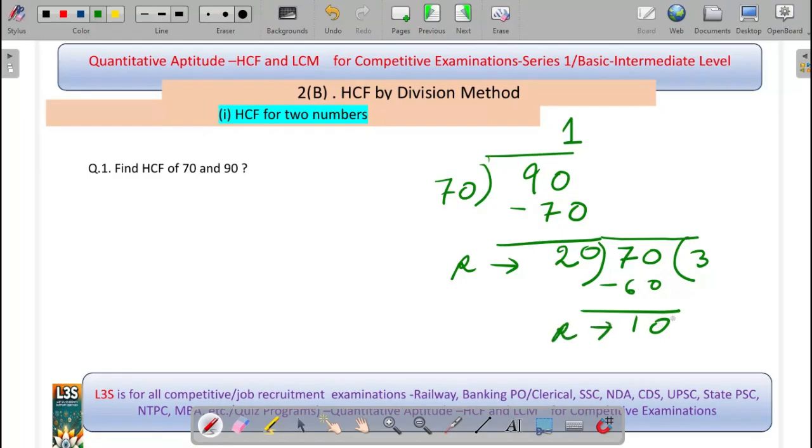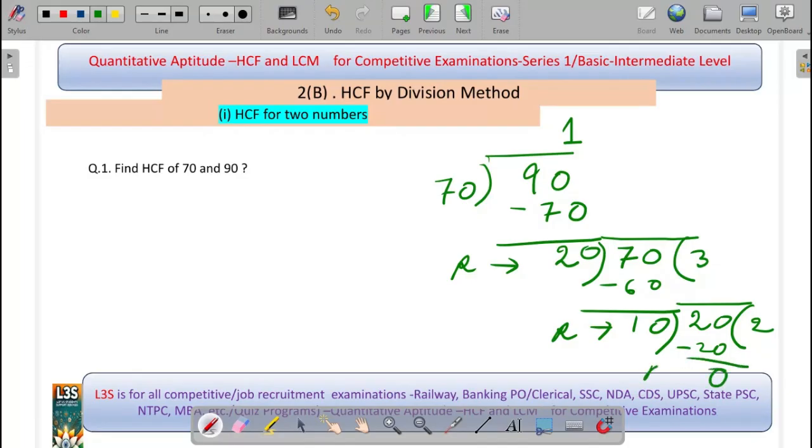So 10 will be the remainder. We have to divide 20 by 10 now, because the last divisor was 20. So 20 by 10 is 2.